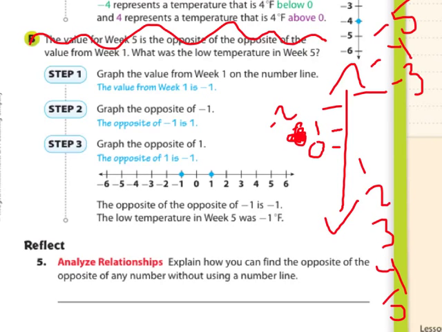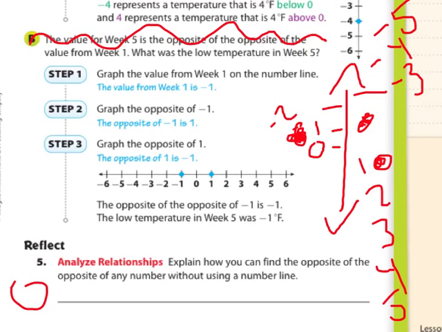So graph the opposite of -1. The opposite of -1 is 1. And so we are going to graph 1. All right. Graph the opposite of 1. The opposite of 1 is -1. Now we're going to do this one.